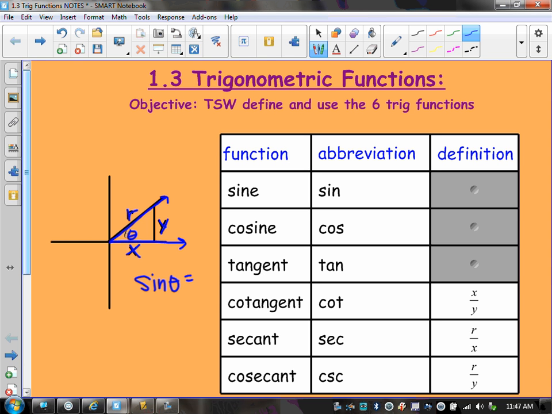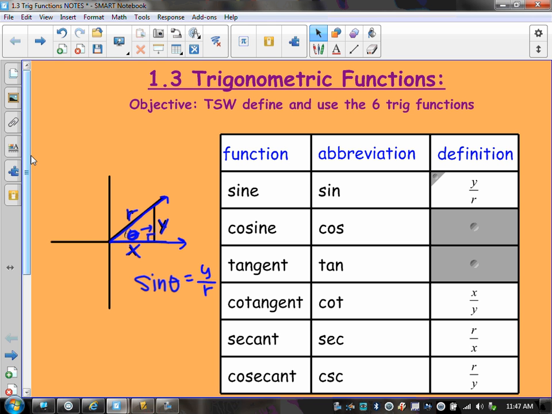If this is my angle theta, which side is opposite? Side Y, right? And which side is my hypotenuse? Side R. So sine of my angle is Y over R.